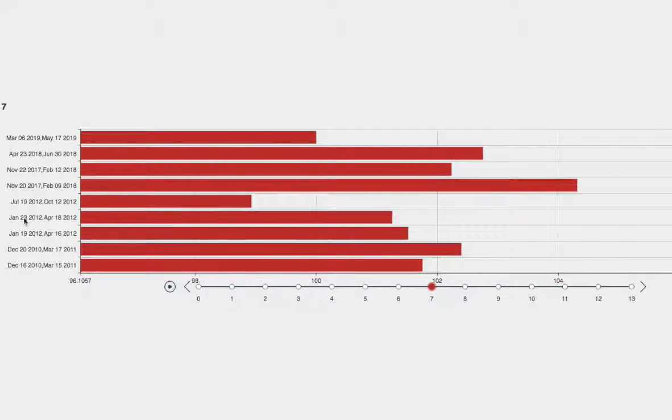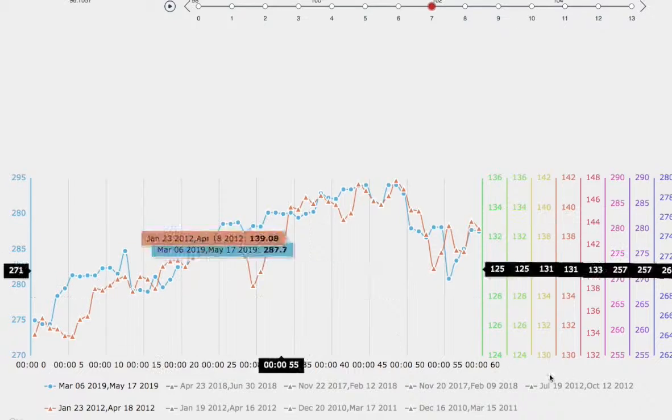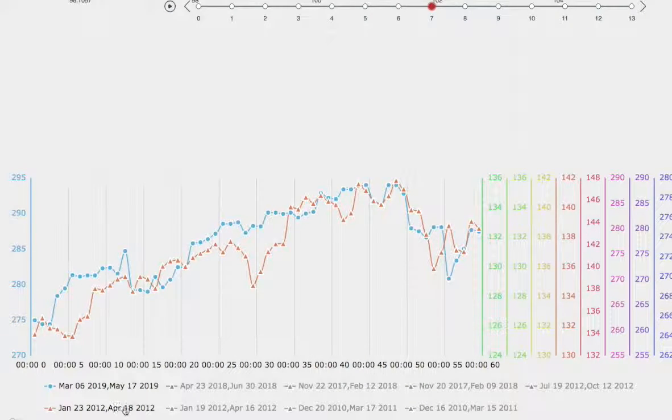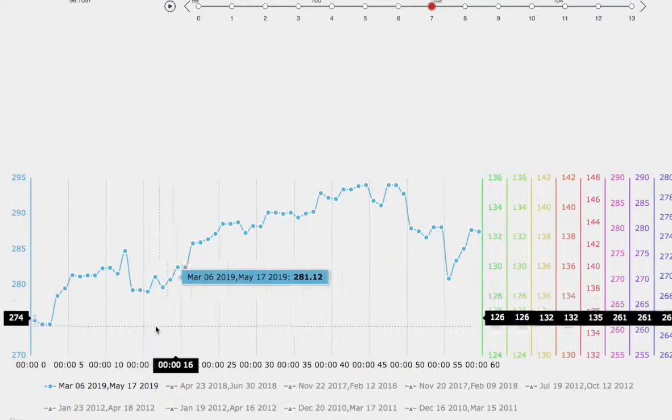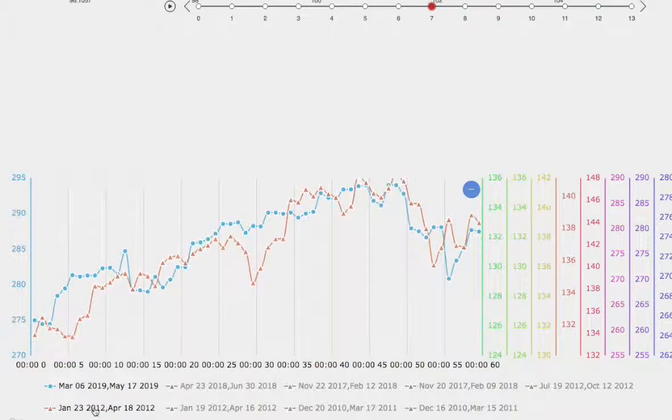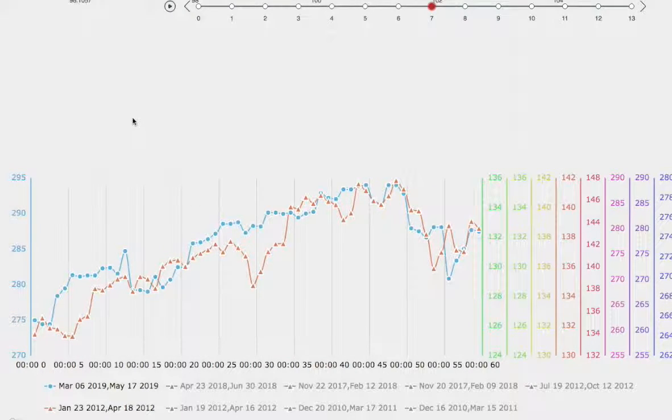The chart that we took a look at was January 23rd, 2012 to April 18th, 2012, and back then the S&P 500 was up around 1.3%. And here's the line graph that I overlapped, comparing the current trend here with the 2012 trend. They overlap pretty decently.